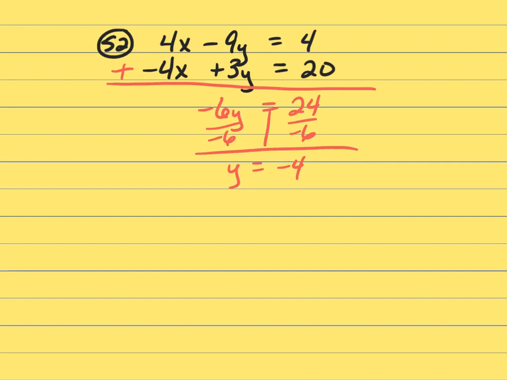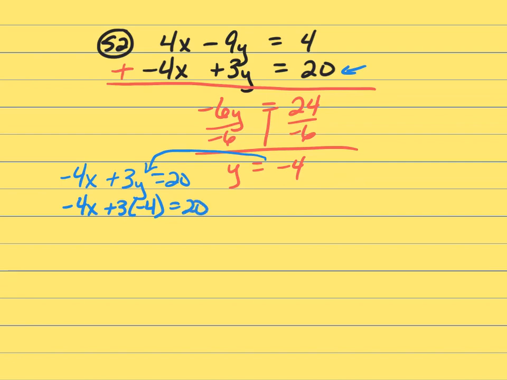Now we always got to go back and find the other variable. I'm going to choose the bottom equation because that one looks easier to me. So negative 4x plus 3y equals 20, and y is a negative 4. So negative 4x plus 3 times negative 4 equals 20.